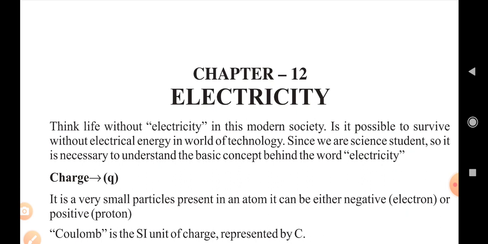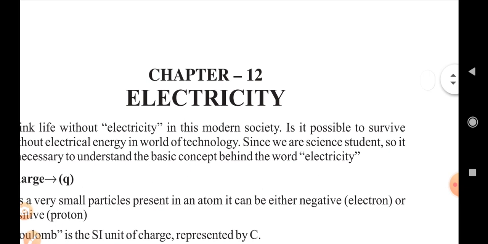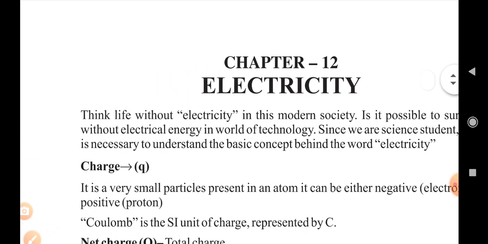All these things are possible only because of electricity. Think of life without electricity in this modern society. Is it possible to survive without electrical energy in a world of technology?